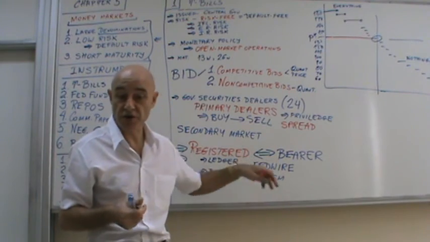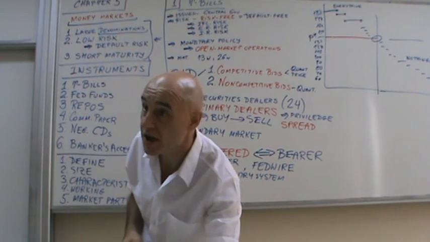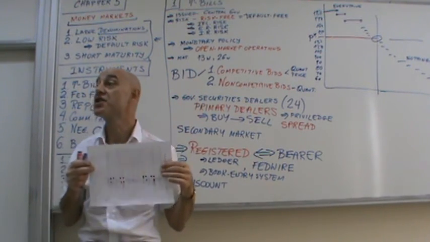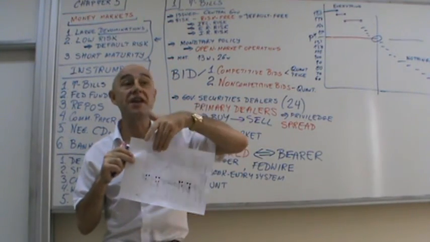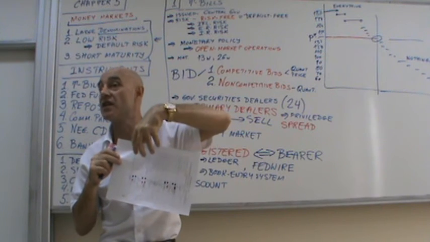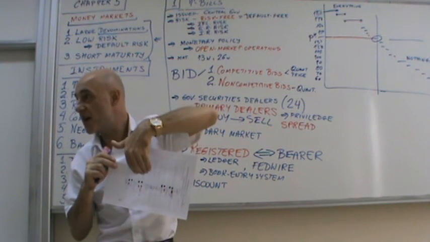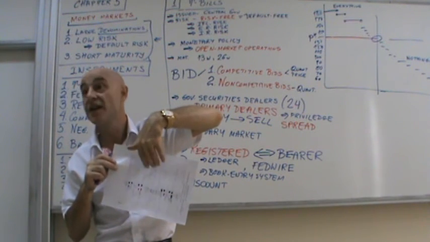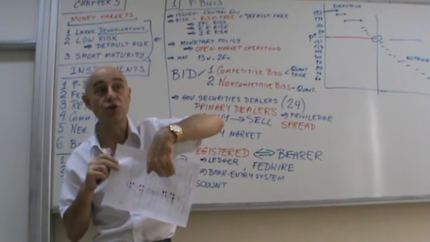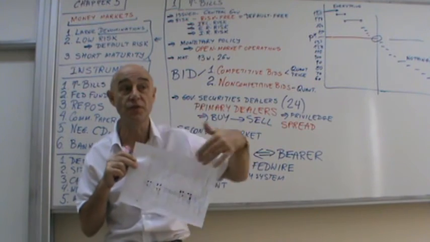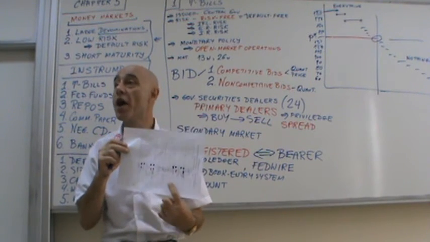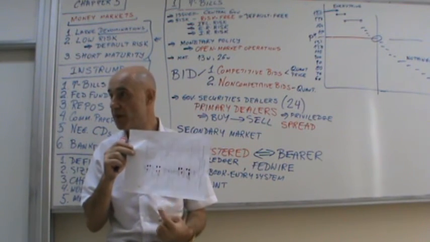So a bearer instrument is essentially an instrument which is a certificate. A certificate is a piece of paper which identifies what is the face value, what is the amount due, right? The date, which is the maturity, and the issuer, in other words, who is responsible for the payments and where to present it for payment.